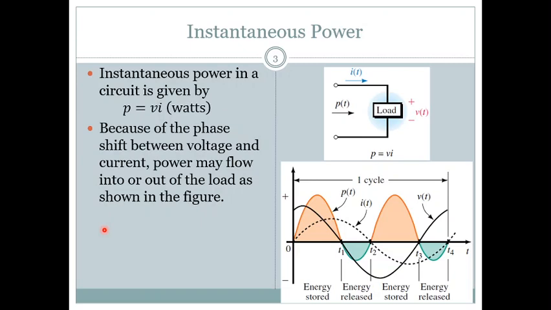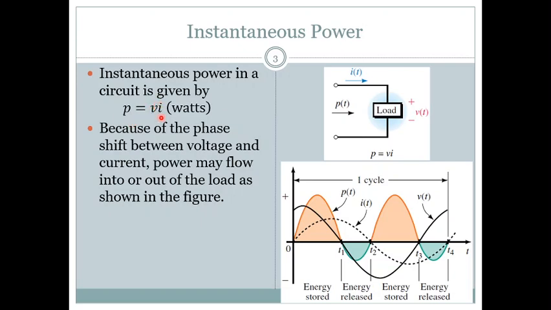But now we know that when it comes to AC, the voltage or the current waveform is not a constant value, but it varies continuously with time in a sinusoidal pattern. So instead of talking about the power, we have to talk about the instantaneous power, the power for that given moment, which is referred to as p equals vi.